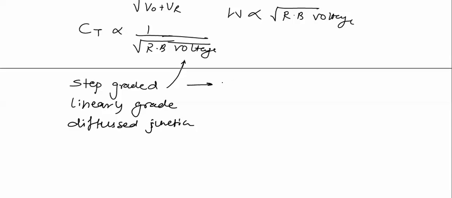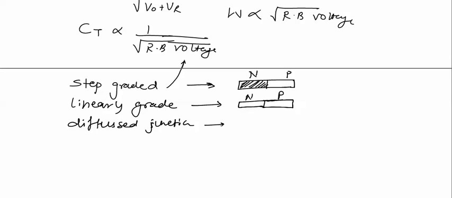In a step graded PN junction, a single piece of material, either P type or N type, is taken, and half of that is doped with donor type impurity, so it becomes an N type region. In a linearly graded diode, an N type material is taken and another material is grown over it, and this becomes a PN junction.